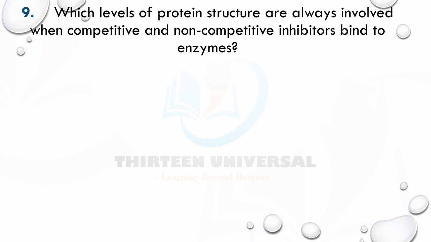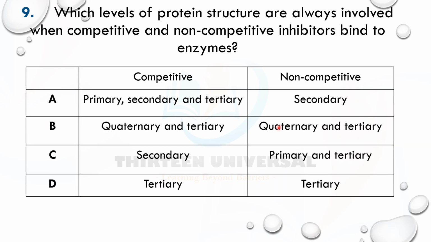Which levels of protein structure are always involved when competitive and non-competitive inhibitors bind to enzymes? Interesting, guys. Watch this. If this were to be an enzyme, sometimes an enzyme has a shape like this. It has more than one tertiary structure.